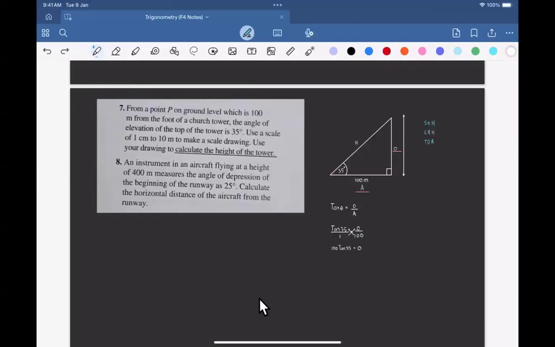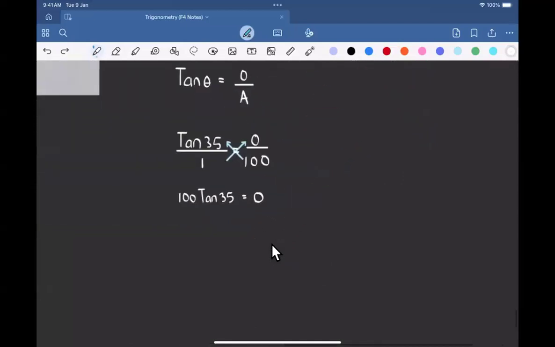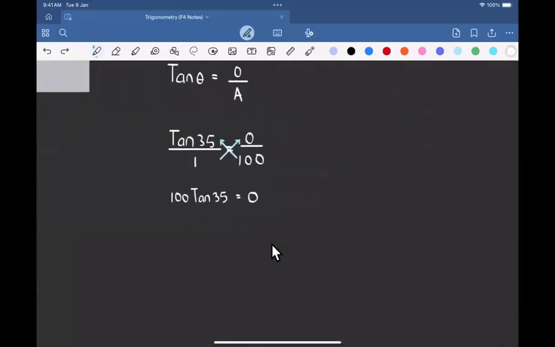Right, so put 100 times 35 in now. 3500. Round it off to one decimal place for now.